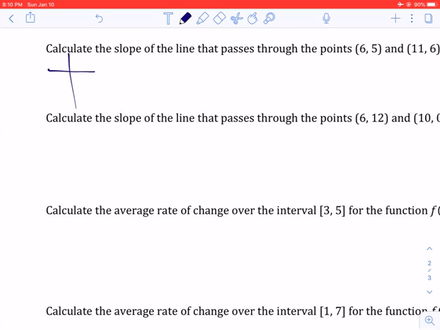Use my table. Put my coordinates in. It doesn't matter which point I put on top. I usually just use the first one they give me first and then the second one. So 6, 5, but ultimately, since we're doing a ratio, you would calculate the same value. And in fact, you might even want to do it in the opposite order and make sure you get the same ratio as me.